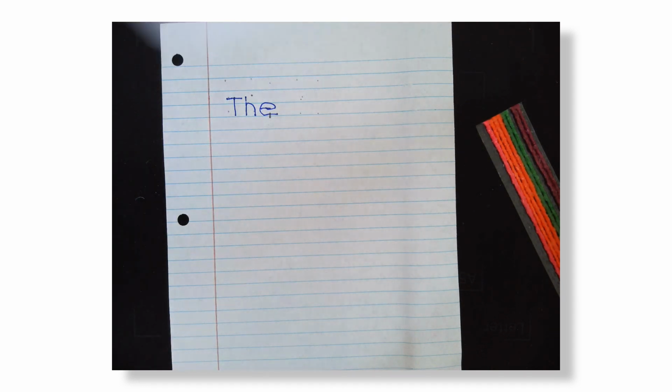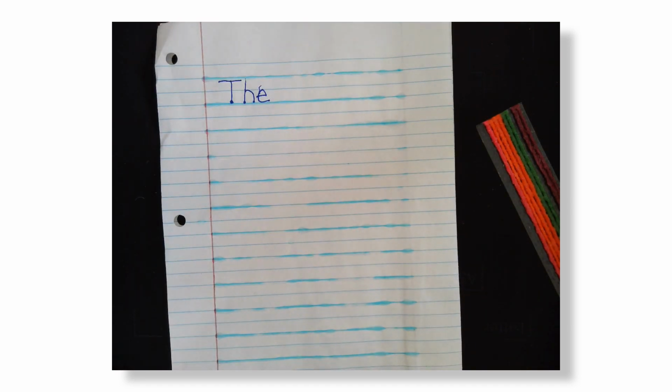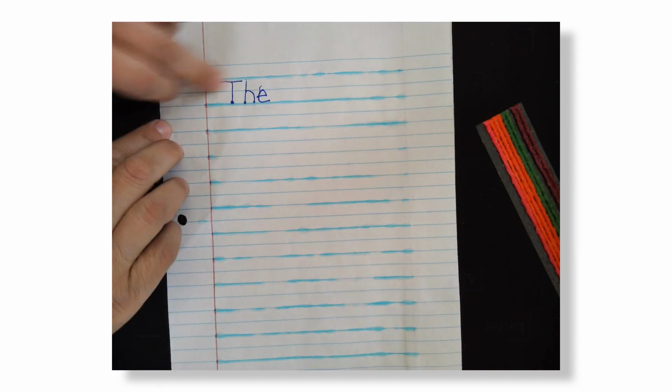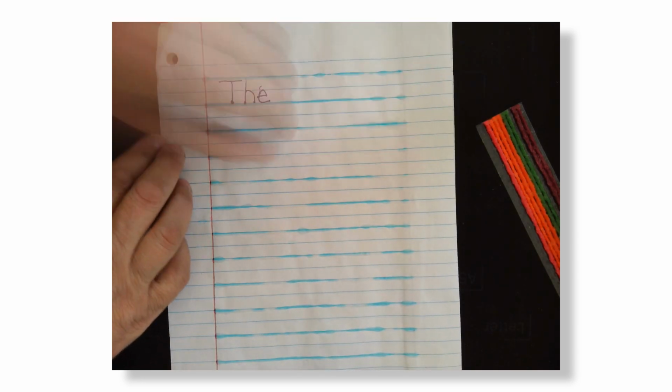Another one is using Elmer's glue. With Elmer's glue, all I did was go across the lines, and I gave two line spaces.